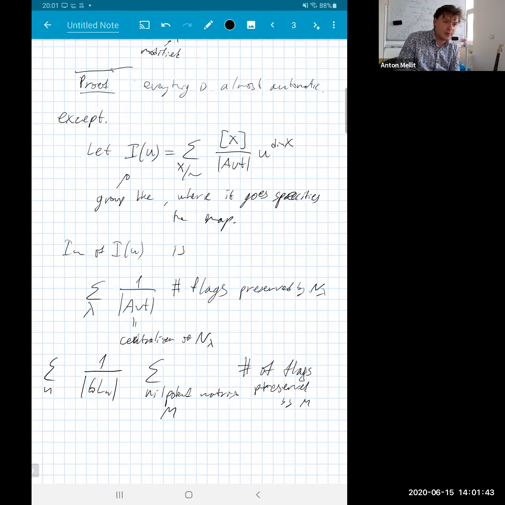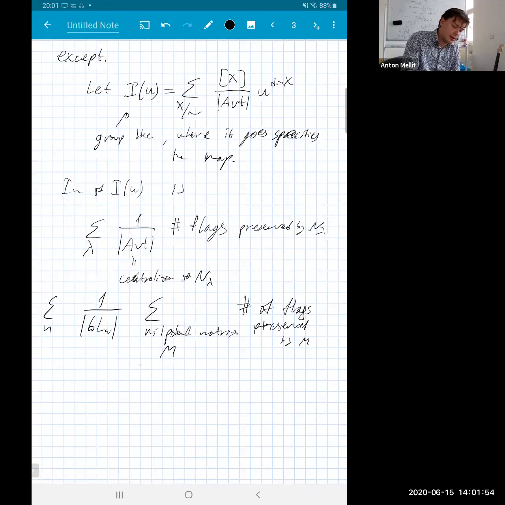We first sum over flags and then sum over nilpotent matrices. And it's very easy to count how many nilpotent matrices preserve a given flag, because they must be just upper triangular. And so you get a nice formula.